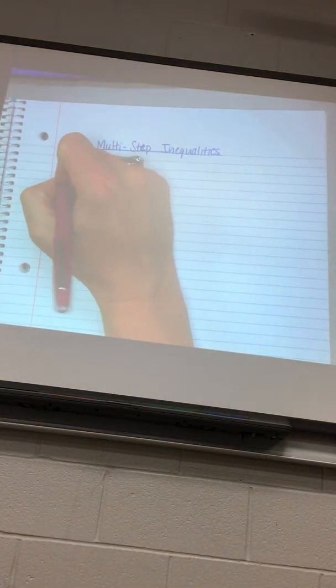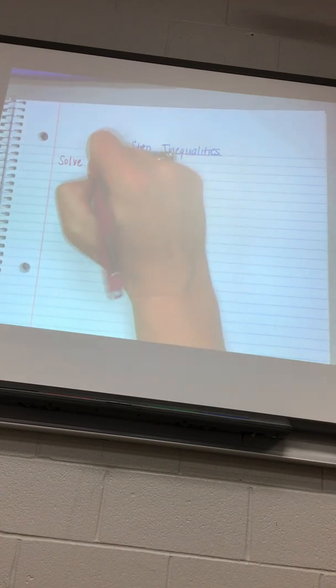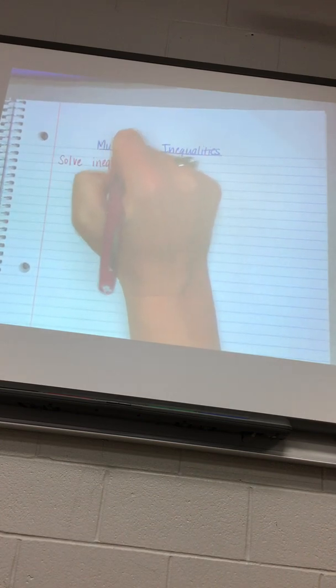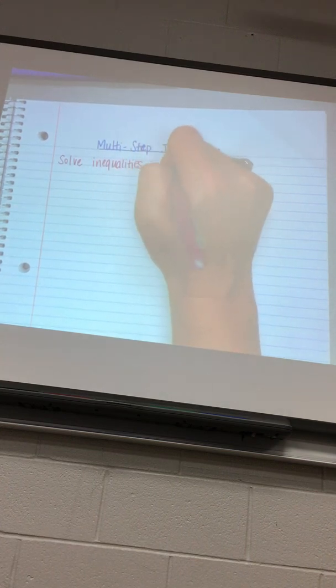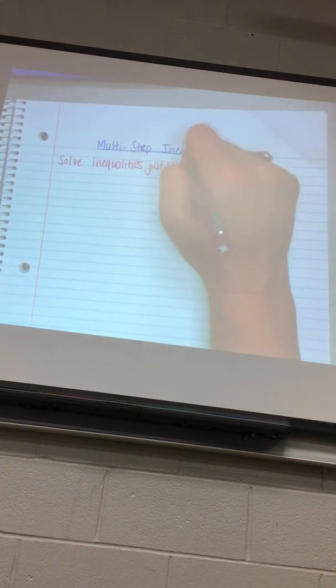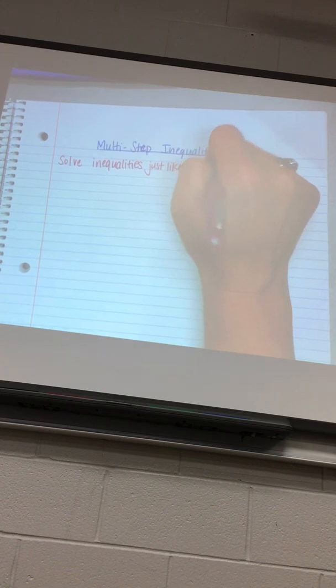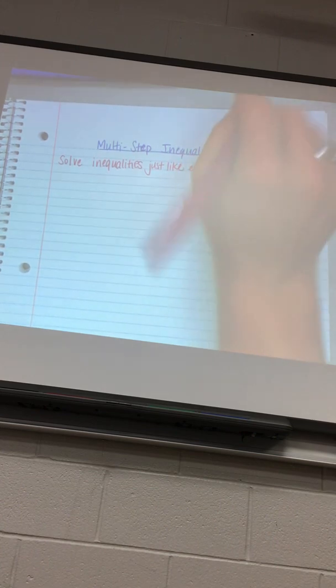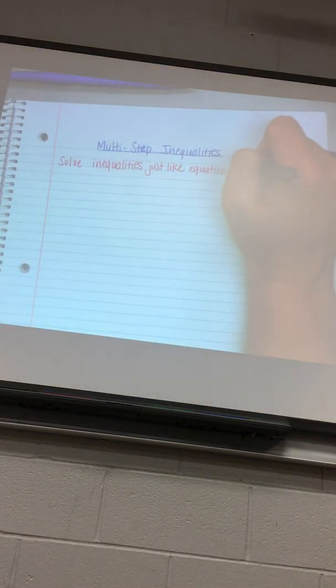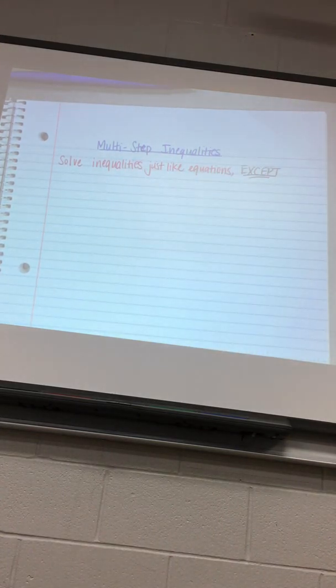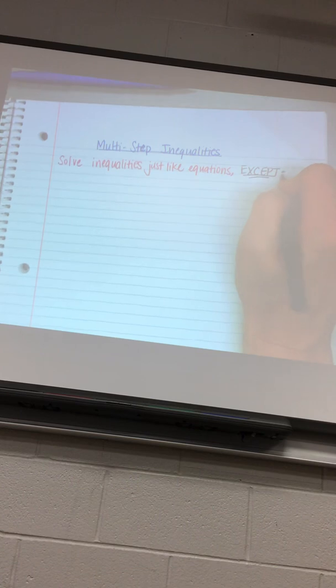So write this down. Solve inequalities just like equations. And then I'm going to make a big exception, except, and then here's your exception.